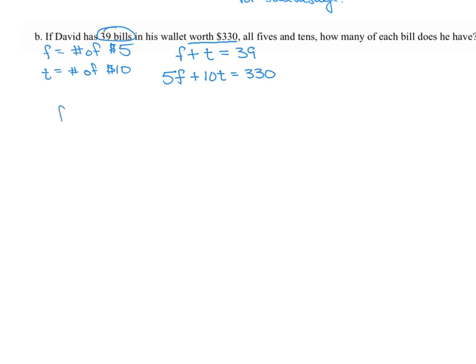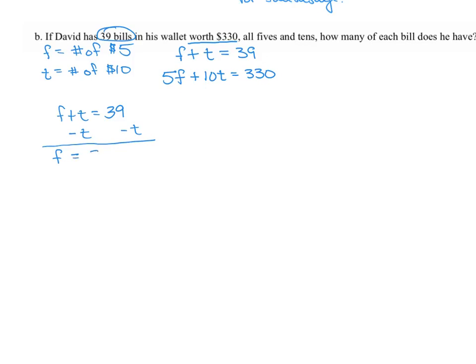I'm going to go ahead and do elimination method on this. So the first thing that I want to do is I want to solve for one of my variables in my top equation. I'm going to solve for F. Again, it doesn't matter. The reason I am picking F is because the coefficient in the second equation is smaller.